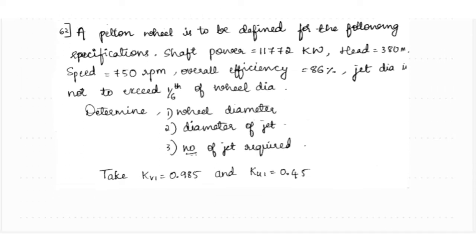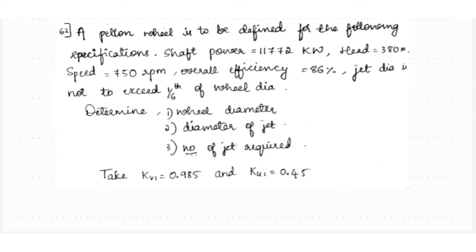A Pelton wheel is to be designed for the following specification. Shaft power is given as 11772 kilowatt. Head is given as 380 meter. Speed 750 rpm. Overall efficiency is equal to 86%. Jet diameter is not to exceed 1/6 of wheel diameter.